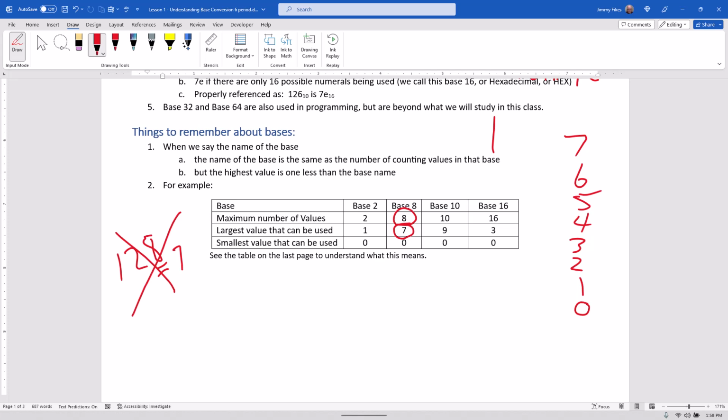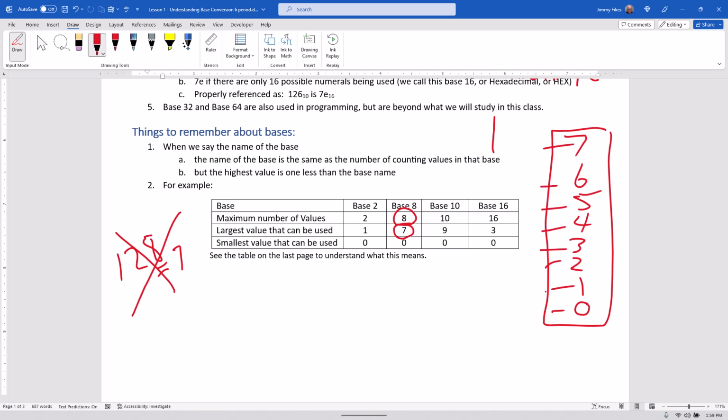All right. But how many actual values do I have in my counting list over here? How many counting values are there in that list? 8. There's 1, 2, 3, 4, 5, 6, 7, 8.